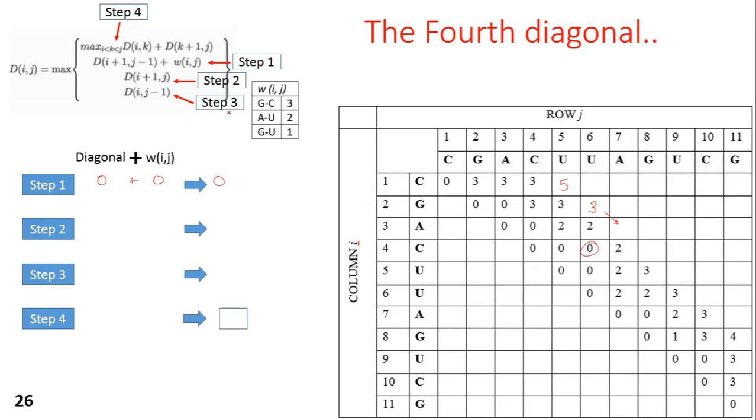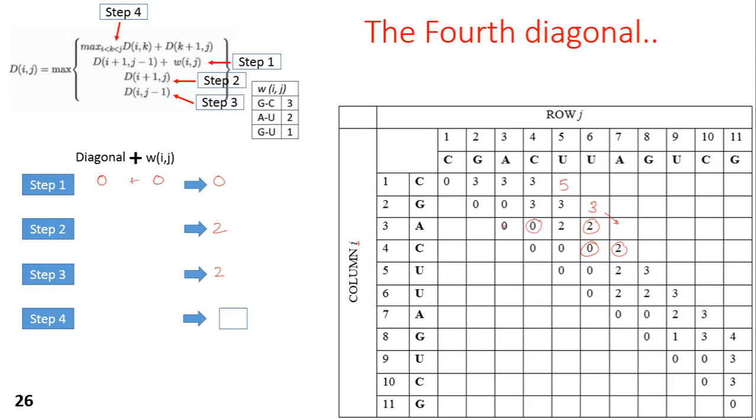Now we need to check out what happens for step 2 and step 3. Step 2 is column contribution 2. Step 3 is row contribution 2. Let us calculate the values for the fourth step for this. Okay, what we need to do is to add this 0.